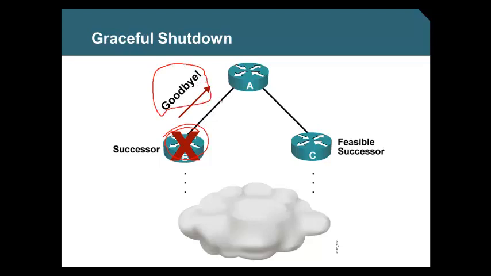Why is it saying goodbye? Is it really a terminology used by EIGRP? Yes. You can see router A with a message saying goodbye received from B. A will be receiving a message saying goodbye received from B.